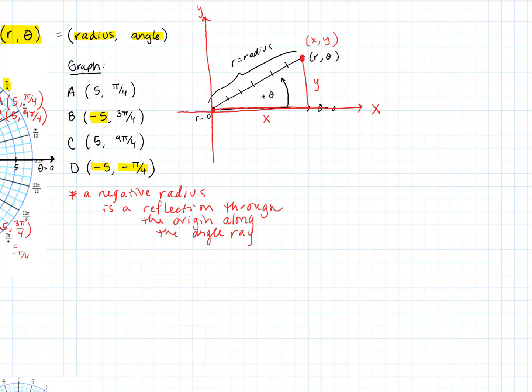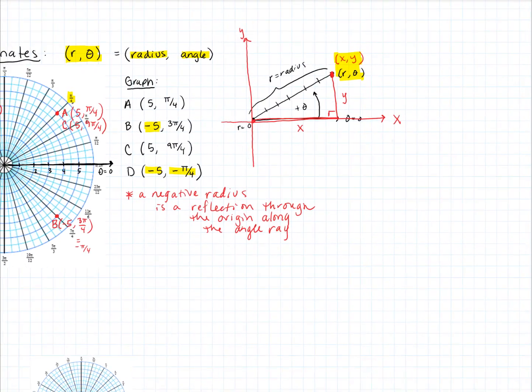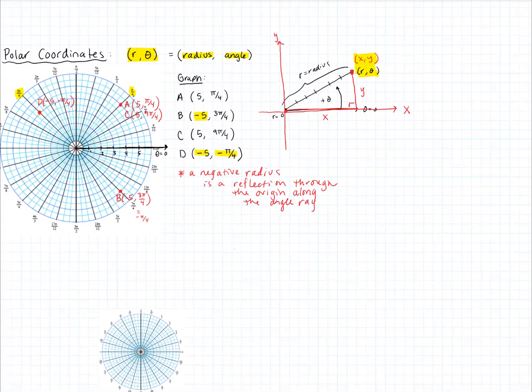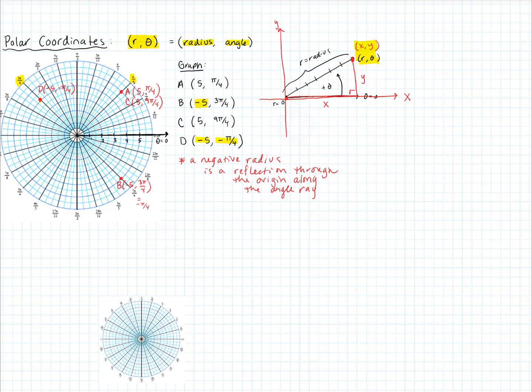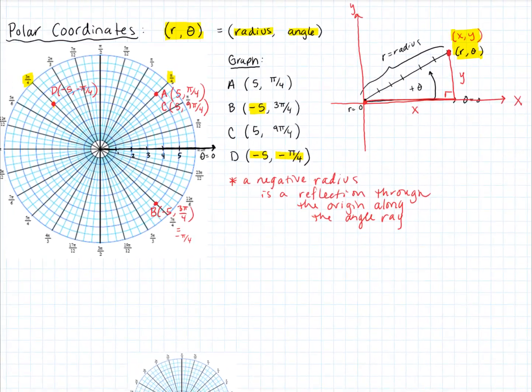And because this is obviously a right triangle, there are all kinds of trig relationships built into it: we have R as a radius, X and Y are the two legs of a right triangle, and theta is the angle. That said, I'm not going to spend too much time going back and forth because I want to work actually in the polar coordinate system.